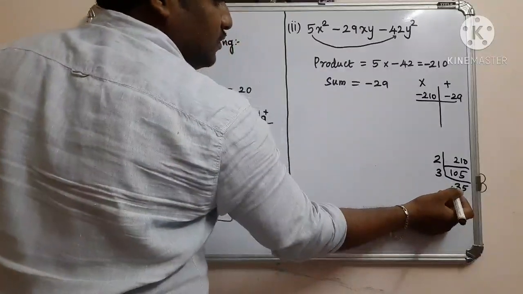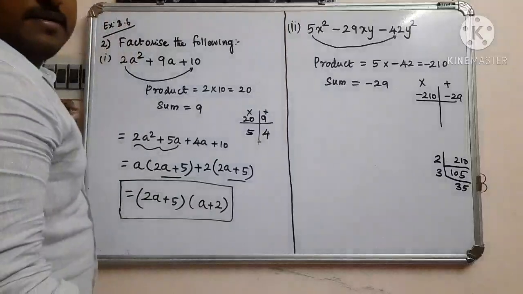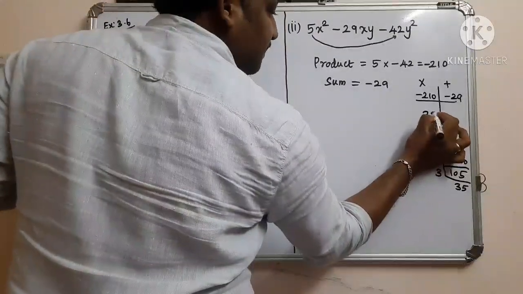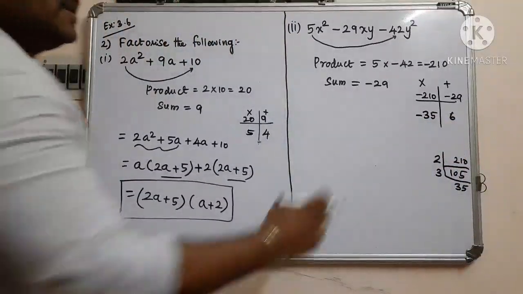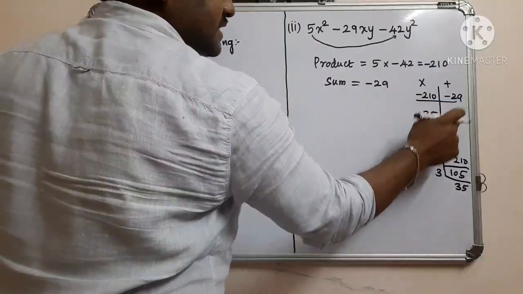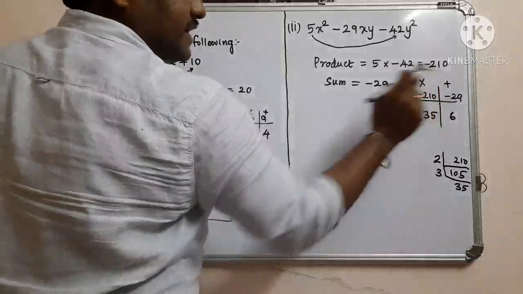So what value can we take here? 29 is minus, so obviously the highest number must be minus. So 35 into 6, 35 must be minus. Minus 35 into 6 is minus 210, and minus 35 plus 6 is equal to minus 29. The highest number value is negative, so minus 29.